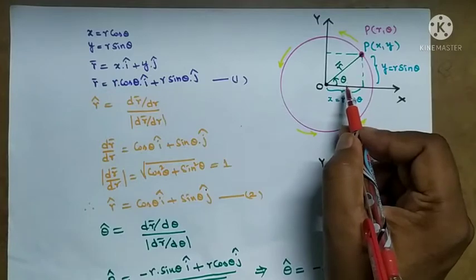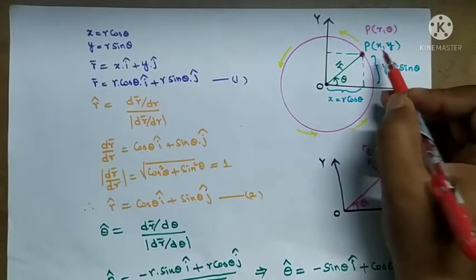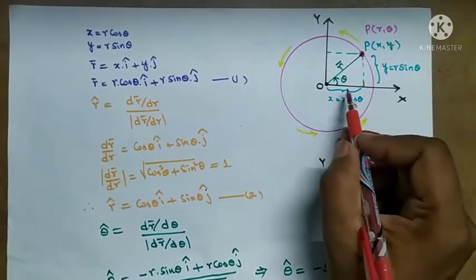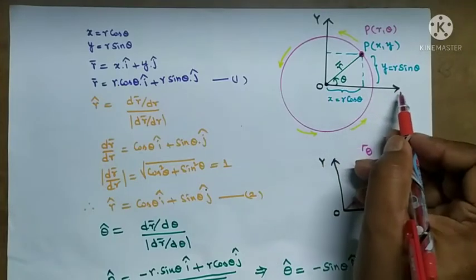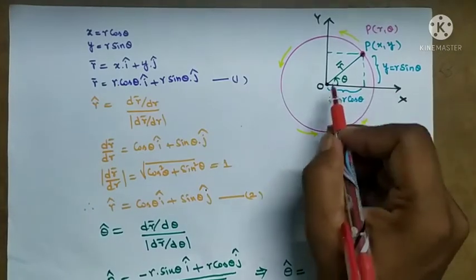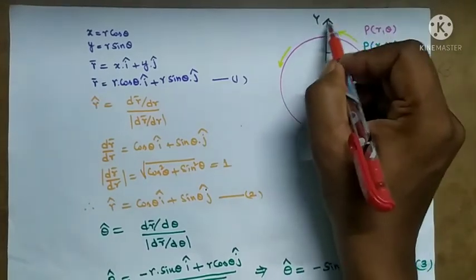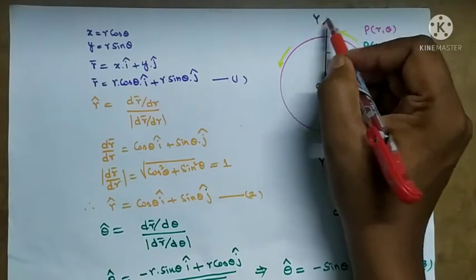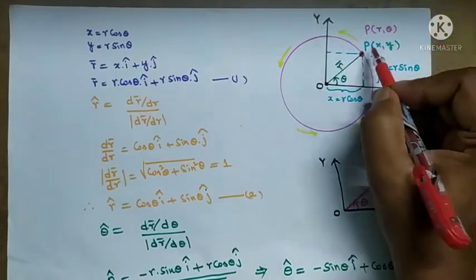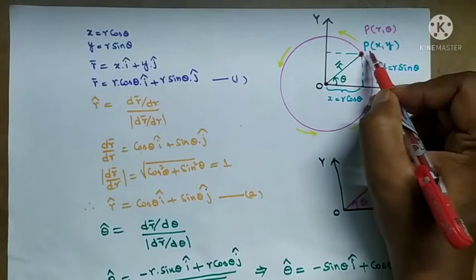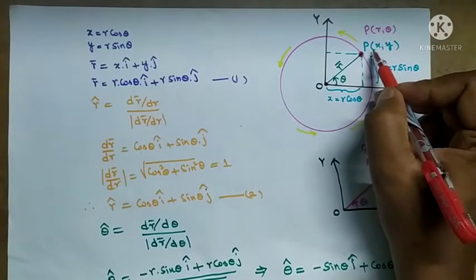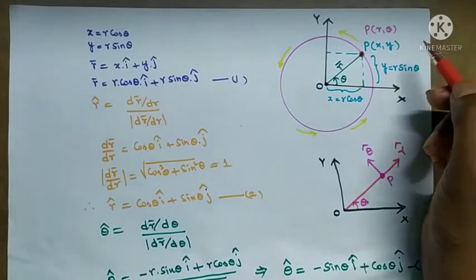If you want to express this point in Cartesian coordinates, this reference line is taken as the x-axis, and perpendicular to this reference line we take another axis, called the y-axis. The same point can be expressed in Cartesian coordinates as P of x comma y.